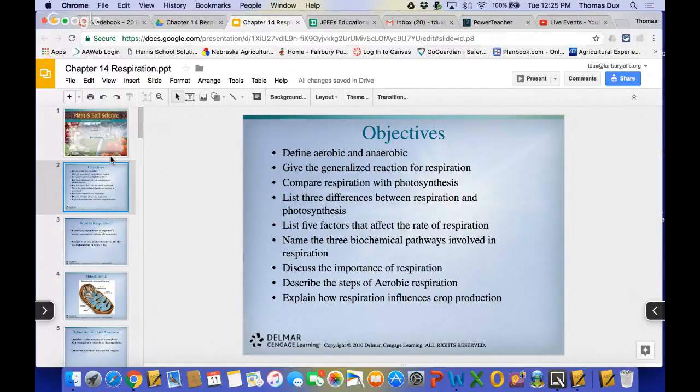Today, did we already do these? What did we talk about yesterday? Glycolysis. We talked about glycolysis. Very good. In glycolysis, the glucose molecule is broken into what molecule?